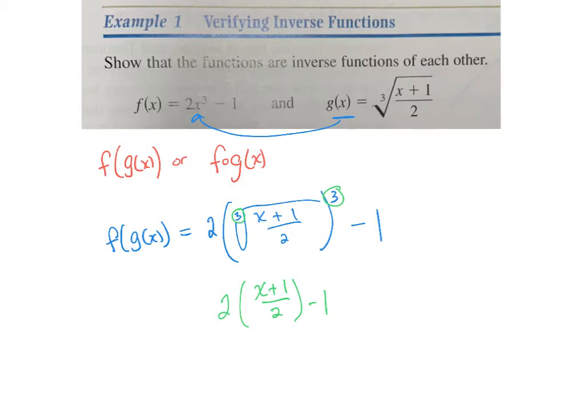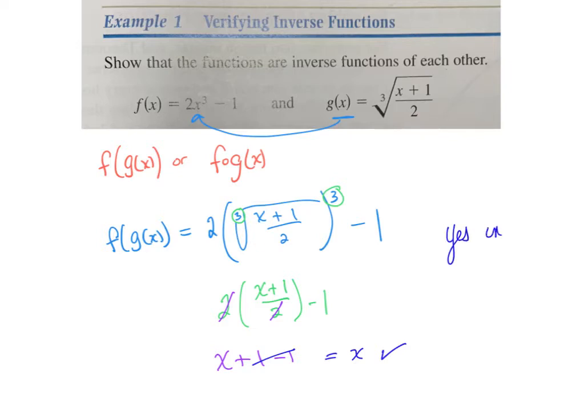And then the 2's will cancel. So you have x plus 1 minus 1, which of course the minus 1 and plus 1 will cancel, and you're left with just x, which is exactly what you're looking for. So yes, they are inverses.